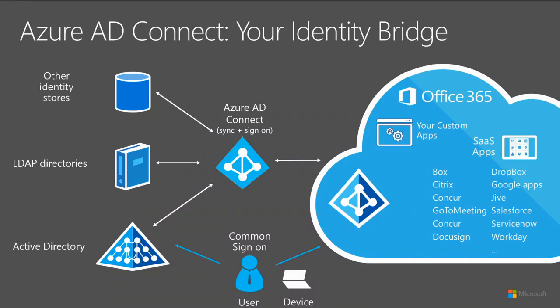So if we look at that, that is our bridge to Office 365, not only our custom apps, but also all the third-party applications that are available out there that are now consuming Azure Active Directory and working with Office 365. You can see those listed on the side here. So very important that Azure AD Connect is going to be your best way going forward.